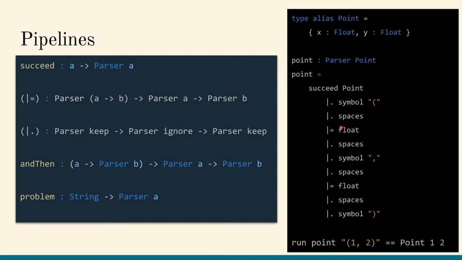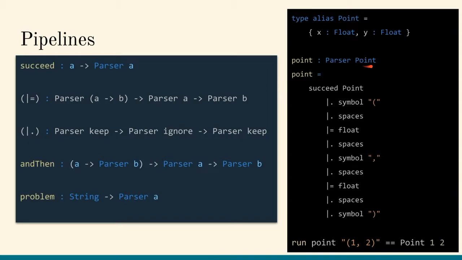Look at here. The first parameter is a parser, and this part is actually the succeed parser. Succeed point. Succeed always returns a parser of A. Here it returns a parser of point.